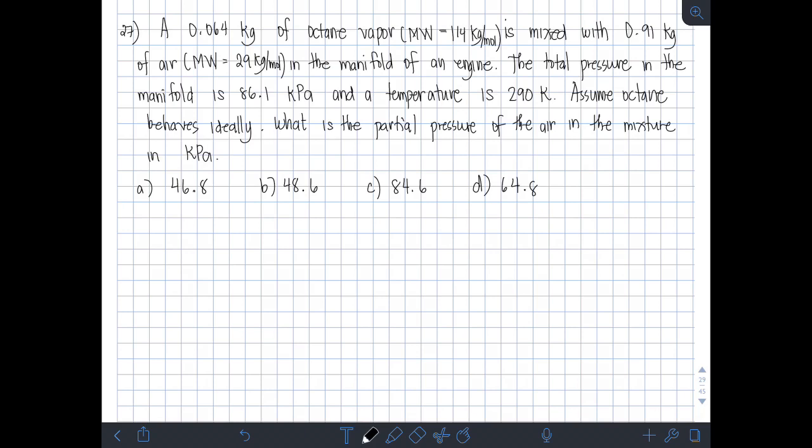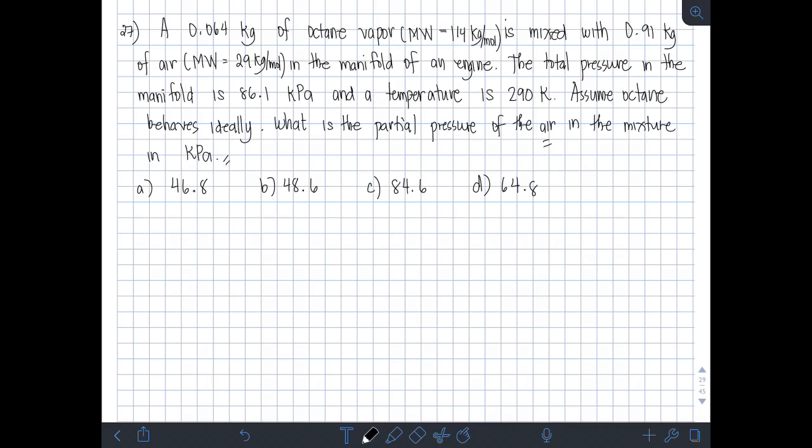The total pressure in the manifold is 86.1 kilopascal and the temperature is 290 Kelvin. Assume octane behaves ideally. What is the partial pressure of the air in the mixture in kilopascal? Okay, so hanapin daw natin yung partial pressure ng air doon sa mixture in kilopascal.